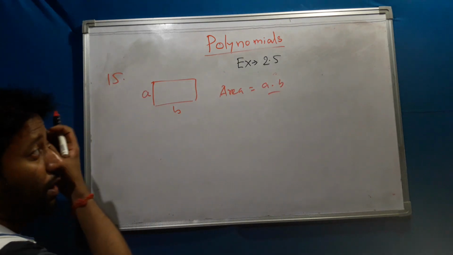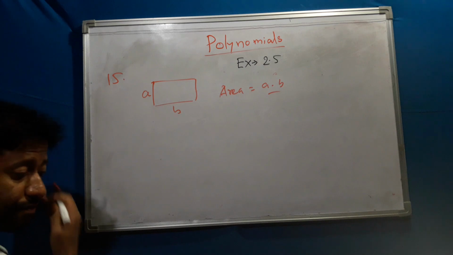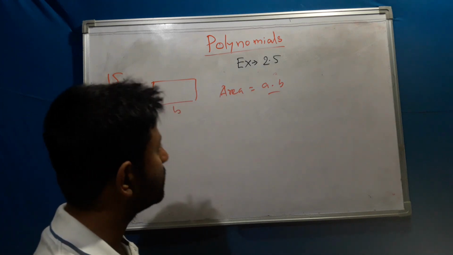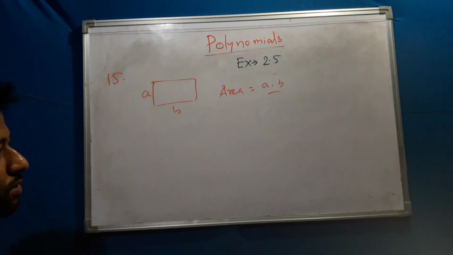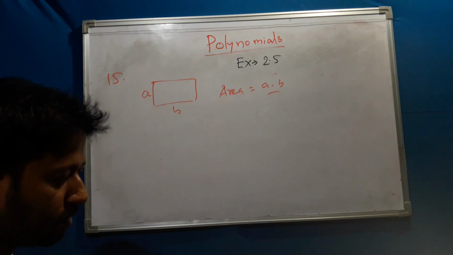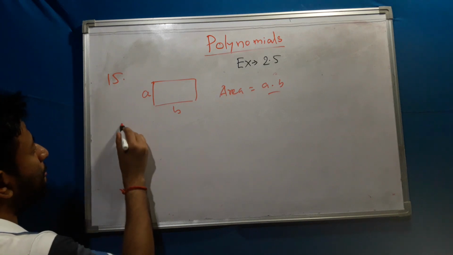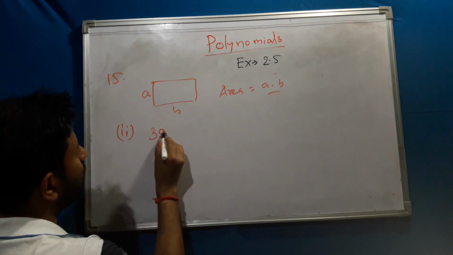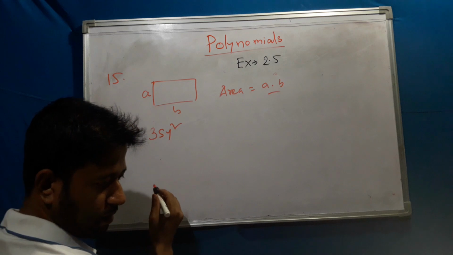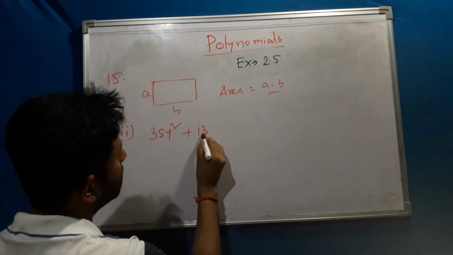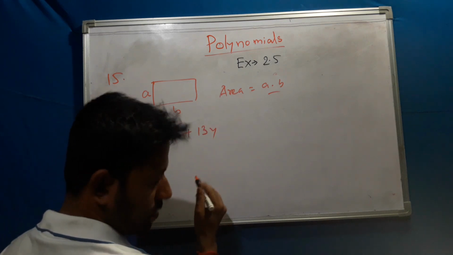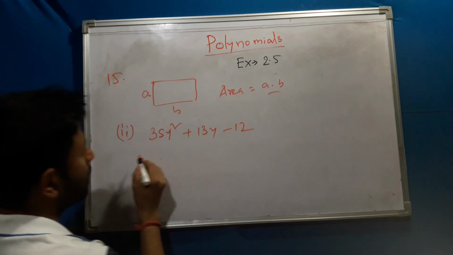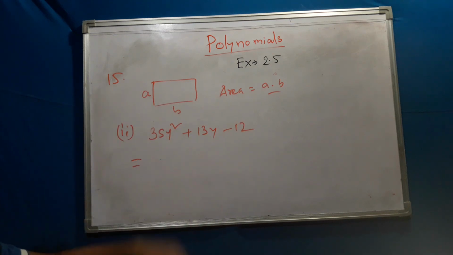Okay, so I have to arrange. They gave one equation. I have to arrange it in such a way that I can put it in such an area. So I'm taking question number 2. What is given? 35y square plus 13y minus 12. Okay. So I have to arrange these terms in such a way that this becomes in terms of an area.